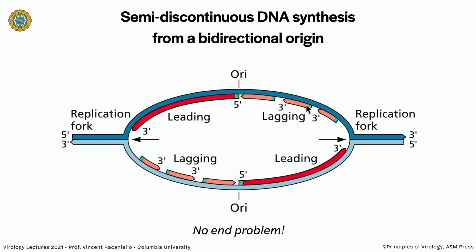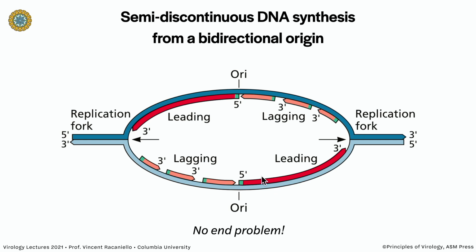And now what are you going to do? You have to put down another primer and fill it in, right? And then when the fork gets bigger, you have to put down another. So this is discontinuous replication. And so you have two of those, two discontinuous, and that's the lagging strand. The leading strand is continuous, so that's where we get semi-discontinuous. They could have called it semi-continuous, I guess, but okay, semi-discontinuous from the origin.